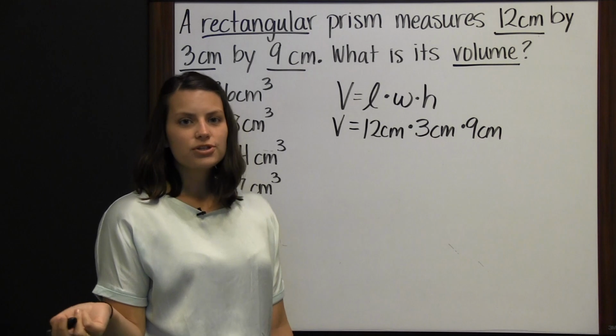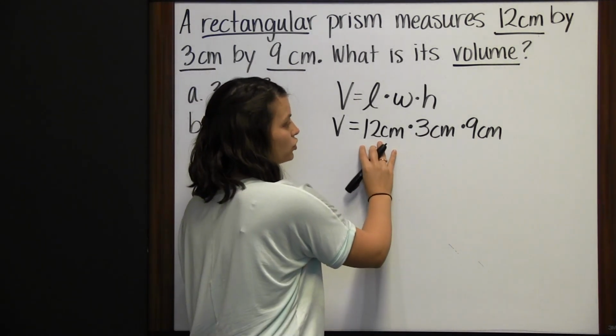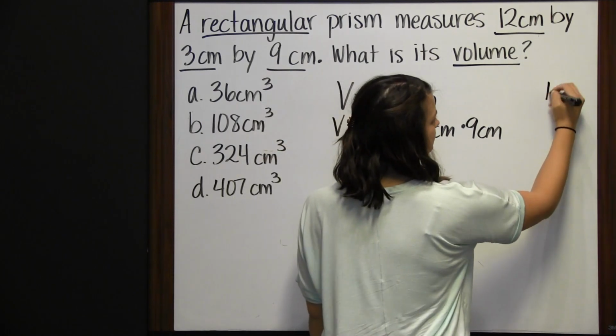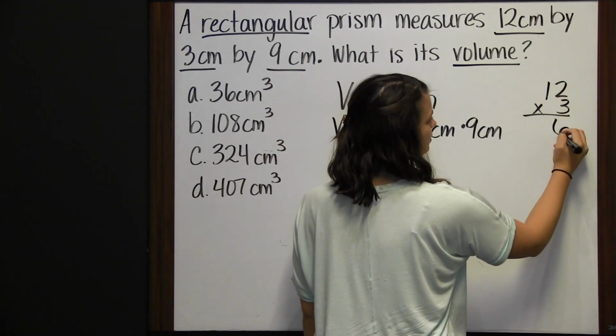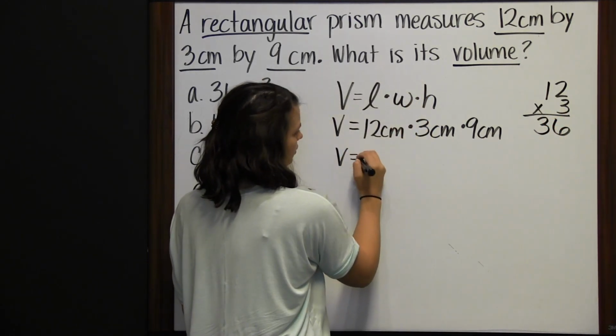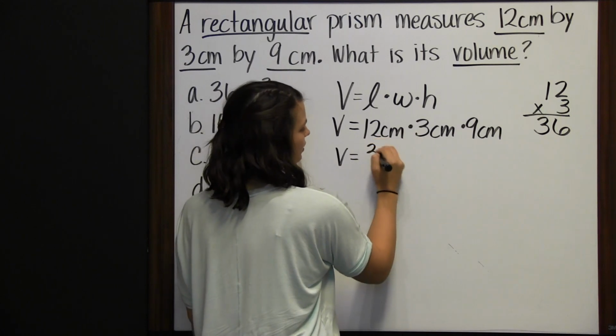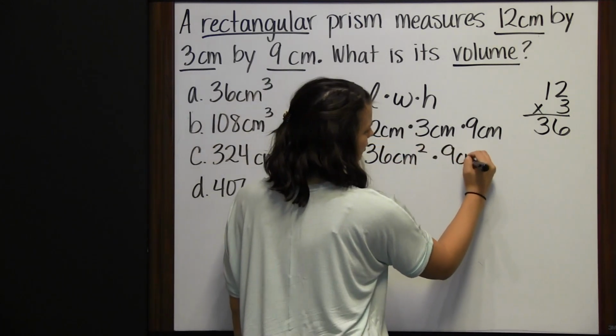And it's up to you which 2 you choose to multiply together first. You could start with 12 times 3. 3 times 2 is 6. And 3 times 1 is 3. So 12 centimeters times 3 centimeters is 36 centimeters squared times 9 centimeters.